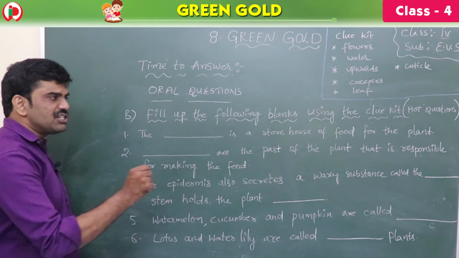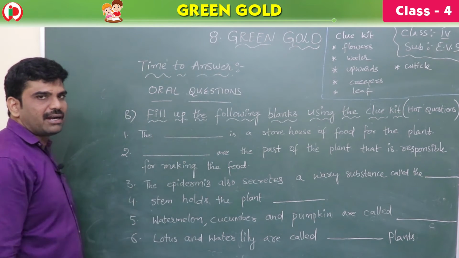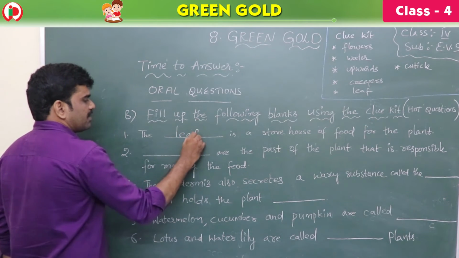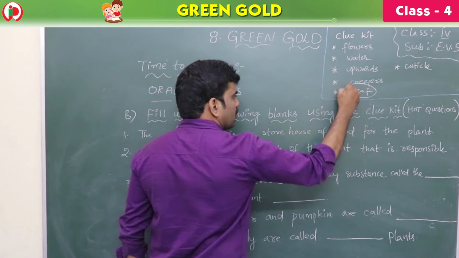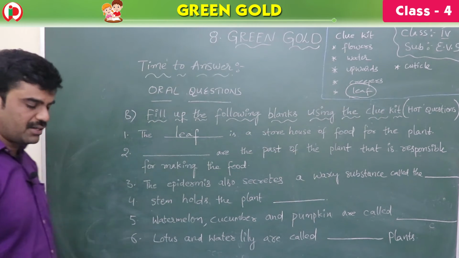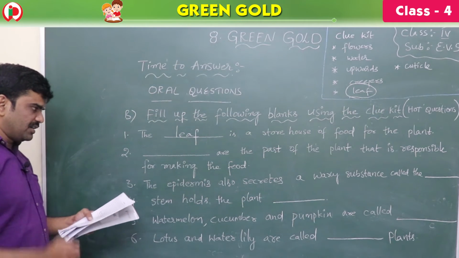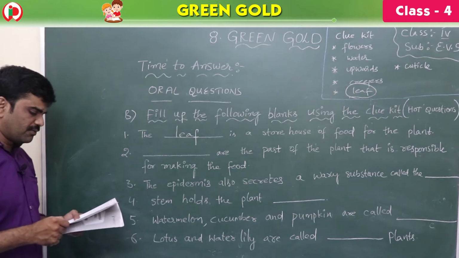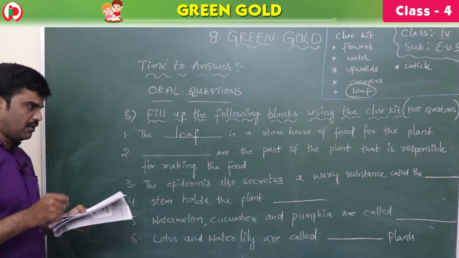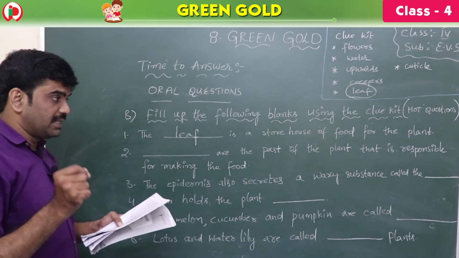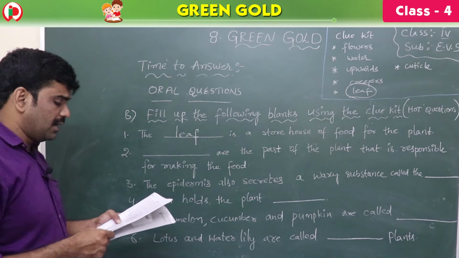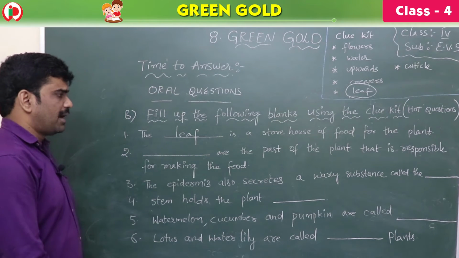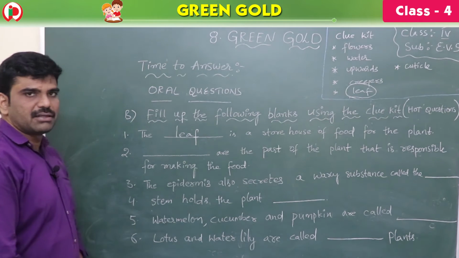First one, the dash is a storehouse of food for the plant. What is the answer, children? Yes, the leaf. Second one, dash are the parts of a plant that are responsible for making the food.